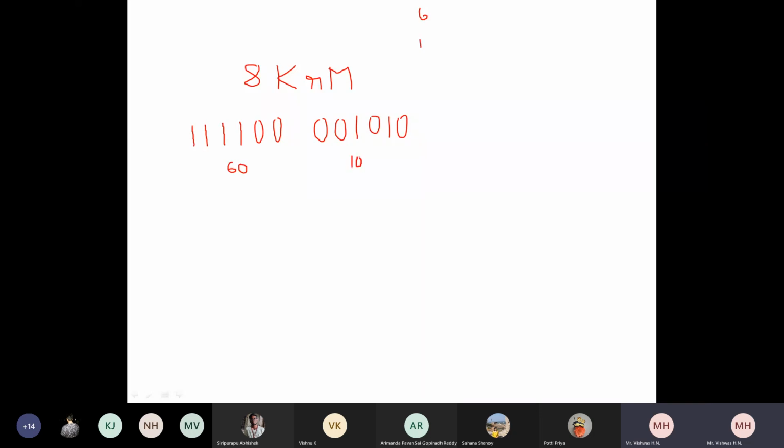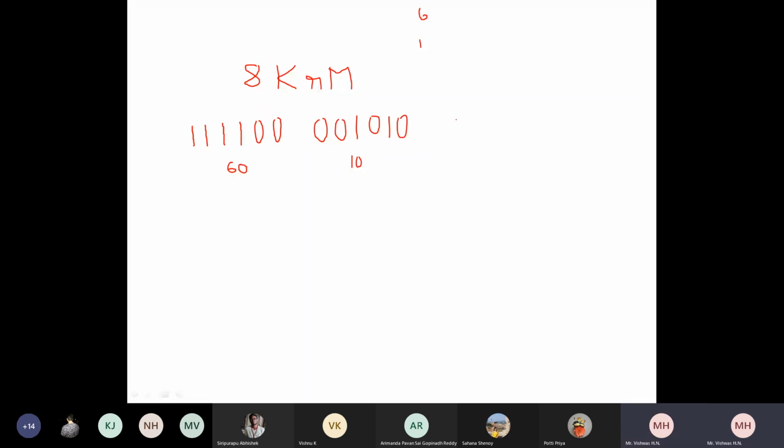And now small r. For small letters in radix 64, it starts from 26 to 51. And for small r, it is 43. Okay, students, r is 43. How do you represent 43 in binary? We need 32.